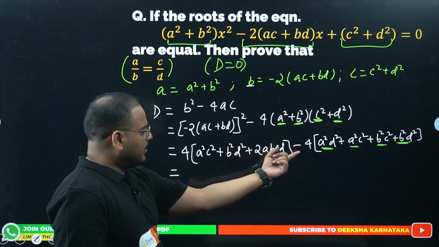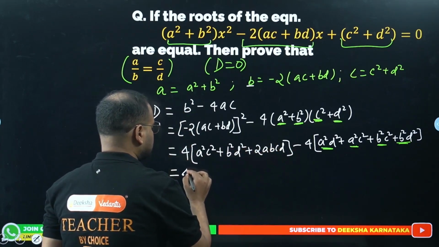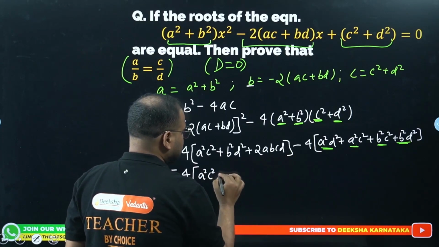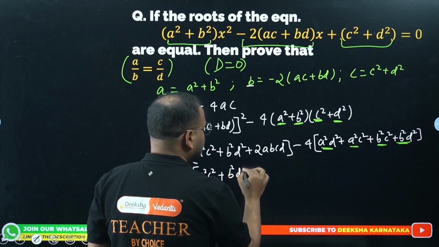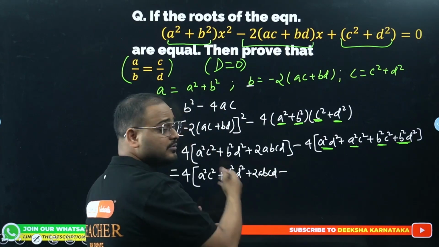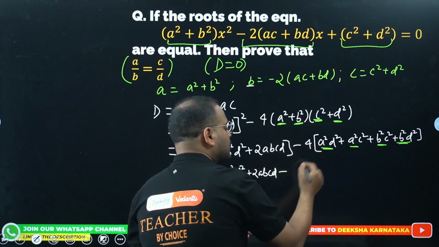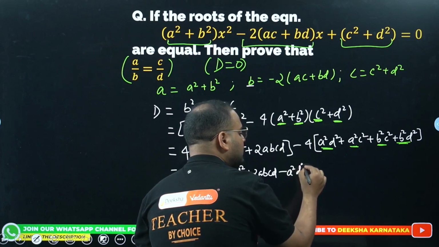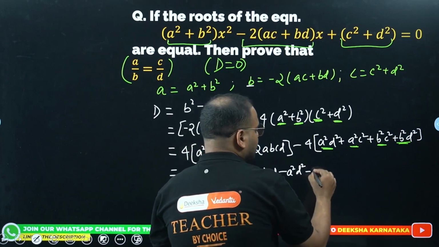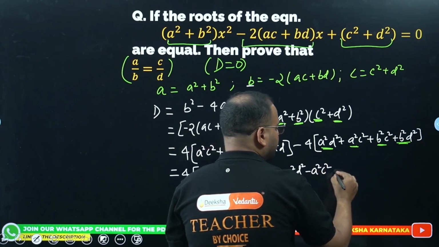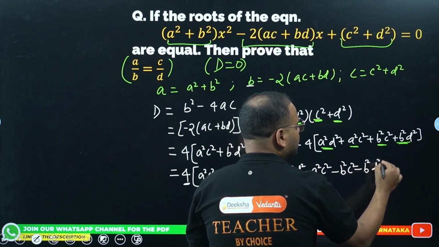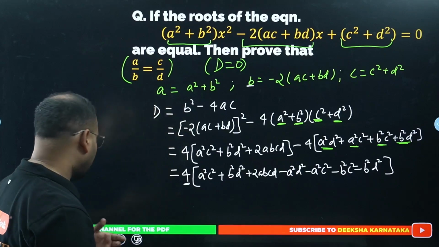Now what? I have 4 common. Let's take 4 common from both the terms. What is left in this one? Same thing we'll write without changing anything. a square c square plus b square d square plus 2abcd minus. Now the sign will change for the second term because the minus sign is there. So minus a square d square minus a square c square minus b square c square minus b square d square, bracket closed. Now is anything getting cancelled?